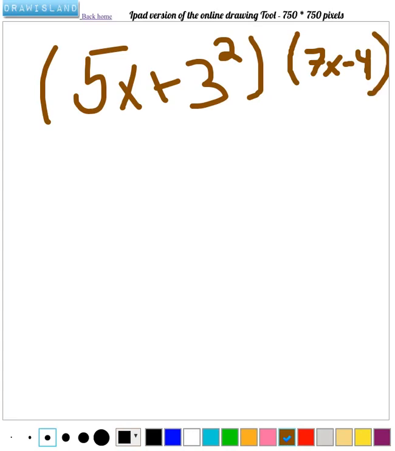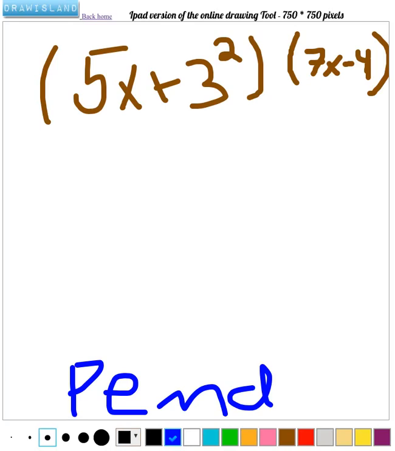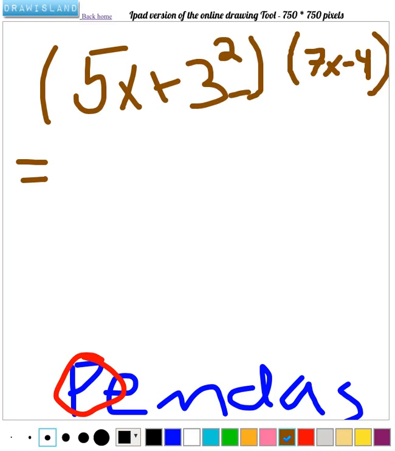Well, first we do the parentheses, as PEMDAS says. So we have two parentheses, and we're just going to solve them both. You cannot do anything about 5x plus 3 because, as you can see, there is no variable here. There's not the variable x there.